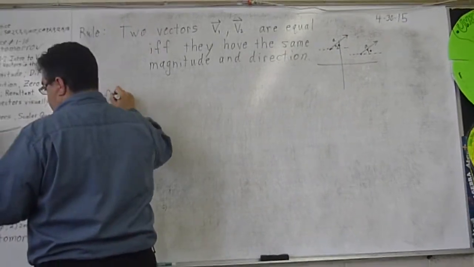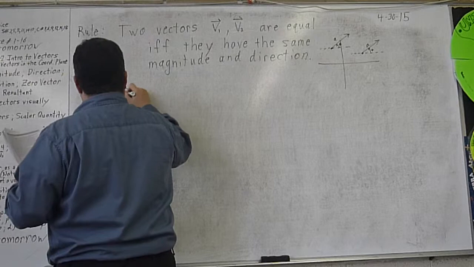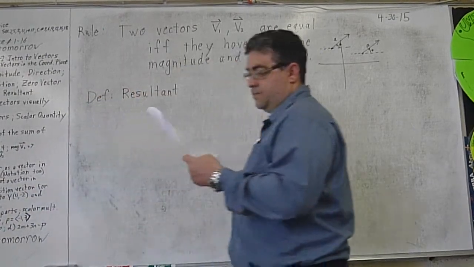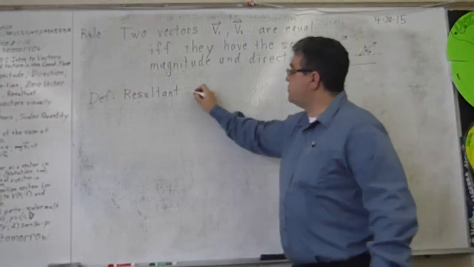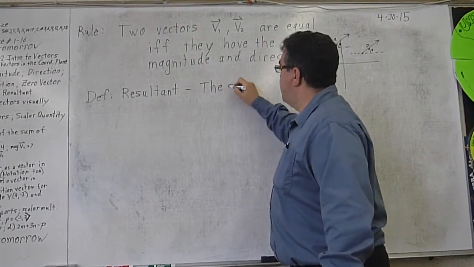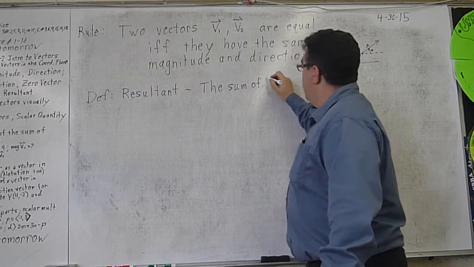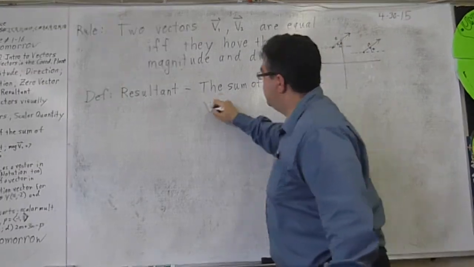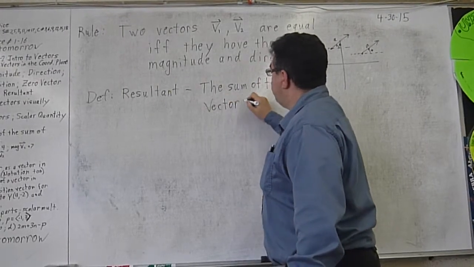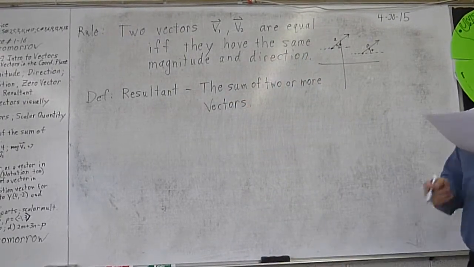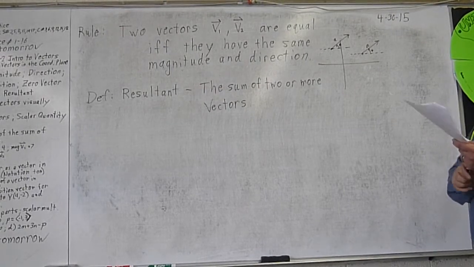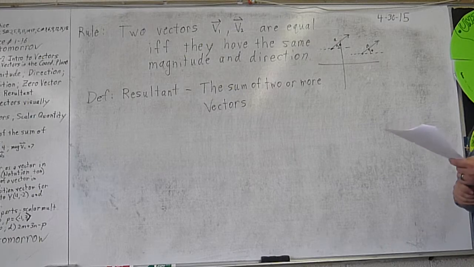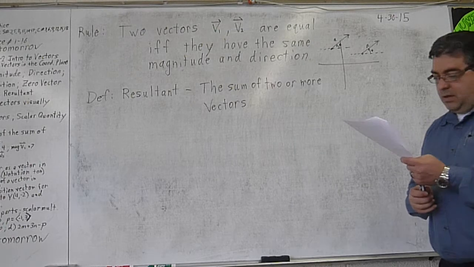Another definition then is resultant. This is the sum of two or more vectors. And here's what we'll say.